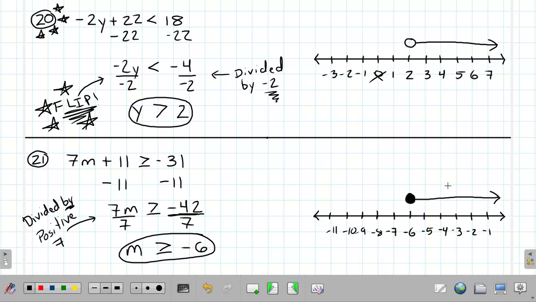Just pick a random number, or pick a number that's easy to deal with. Notice I pick 0 a lot, because if I pick 0, then it usually makes my calculation pretty easy over here. Once again, 7 times 0 is 0. 0 plus 11 is 11. 11 is bigger than or equal to 31, so my arrow should point towards 0.